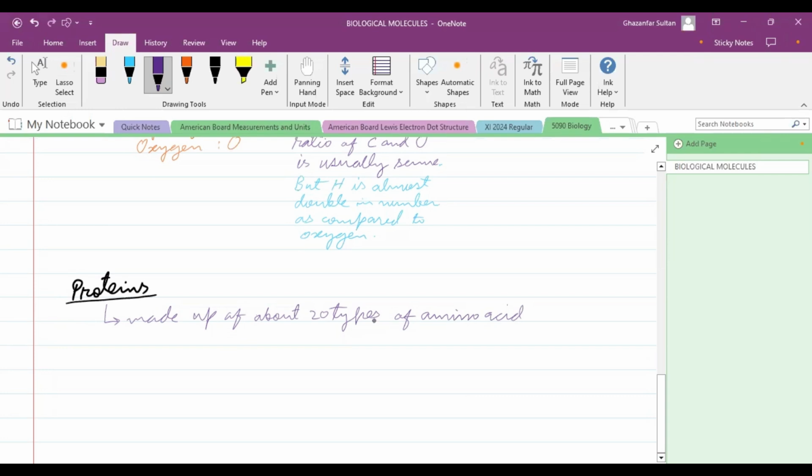But remember that the elements present in proteins are three elements same as in our carbohydrates, that is carbon, hydrogen, and oxygen.